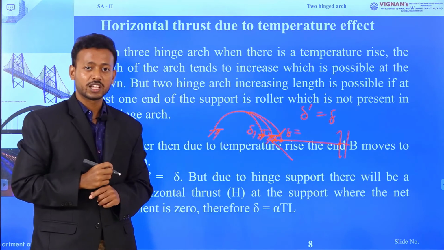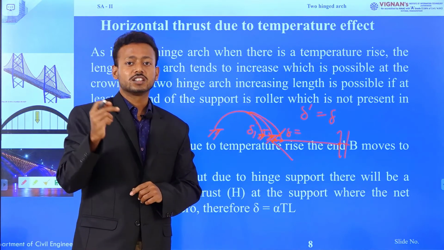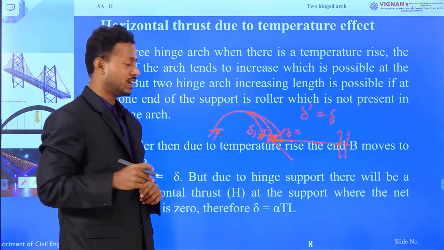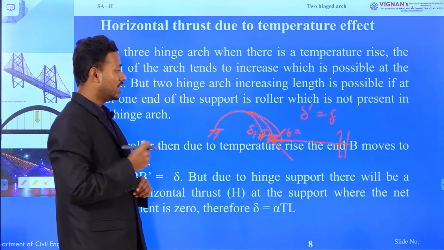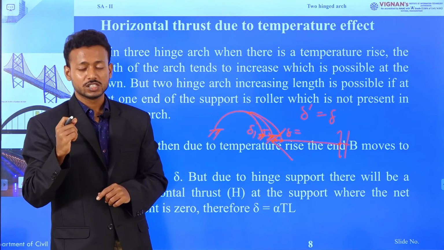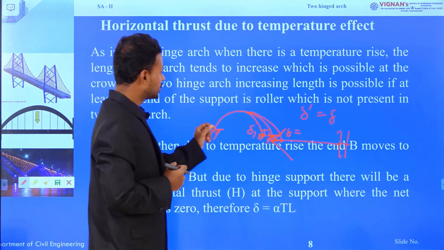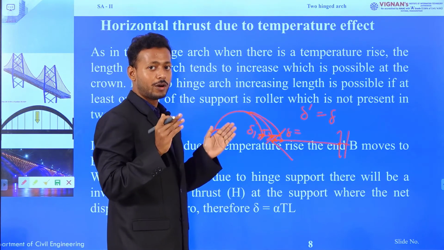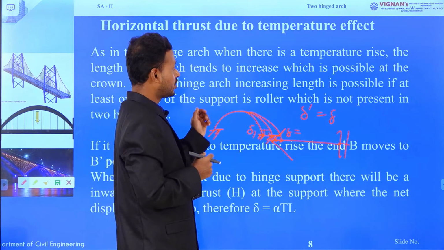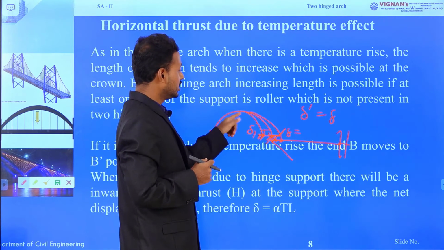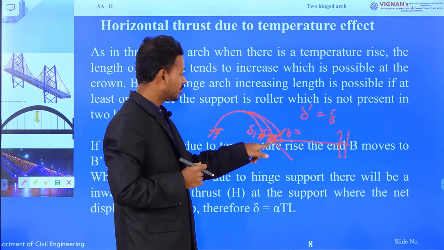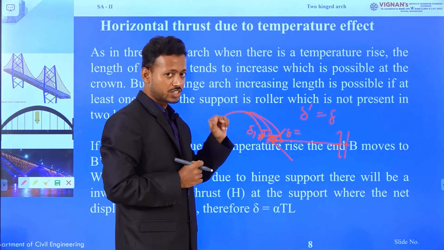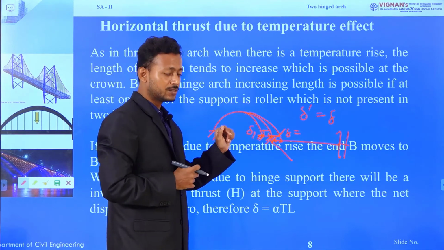Again, due to the rise of temperature, the length of the arch will increase. Suppose the length was some amount L; after the temperature rise, the displacement of the support is delta in the outward direction as the length is increasing.